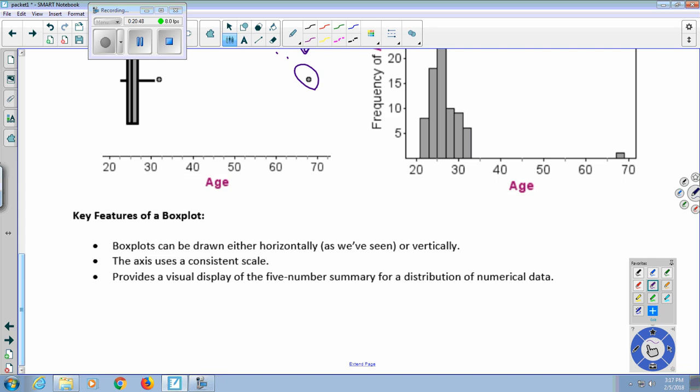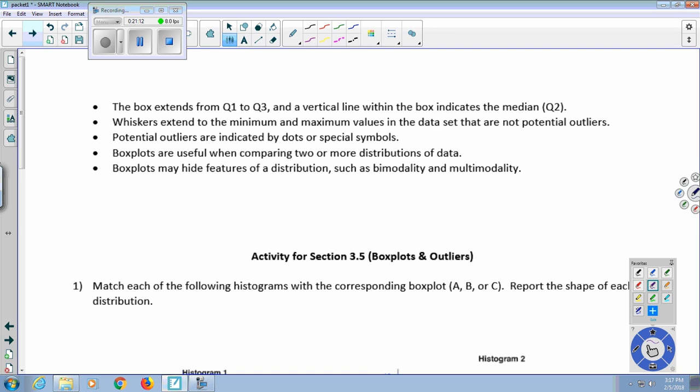So box plots can be drawn horizontally or vertically. I like the horizontal ones personally, but in StatCrunch, you can do either one. The axis is going to use a consistent scale. It's a display of our 5-number summary, which is our min, Q1, Q2, Q3, and our max.